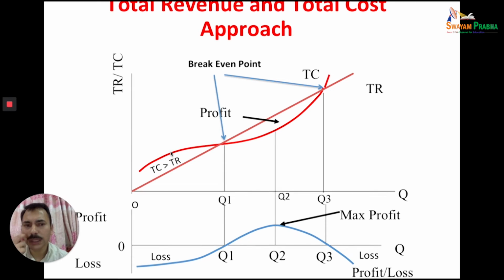When total cost is greater than total revenue, it means there is a loss. This blue curve is the total profit curve.